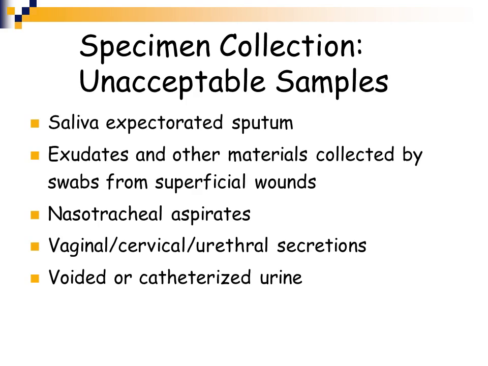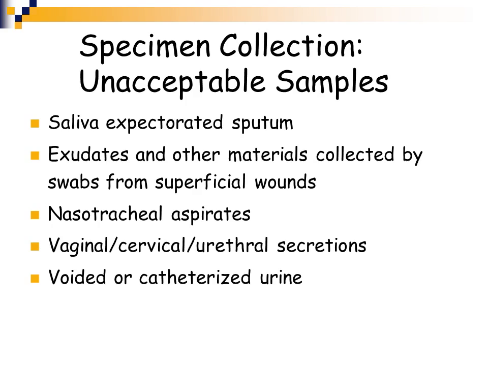Now there are some specimens that are completely unacceptable to do an anaerobic culture. So if you were to receive one of these specimens and there was a request to perform an anaerobic culture, you would reject that sample with the reasoning that this is an unacceptable specimen for an anaerobic culture. So sputum, think about it. Sputum is coming up through the mouth, so it's being exposed to oxygen.